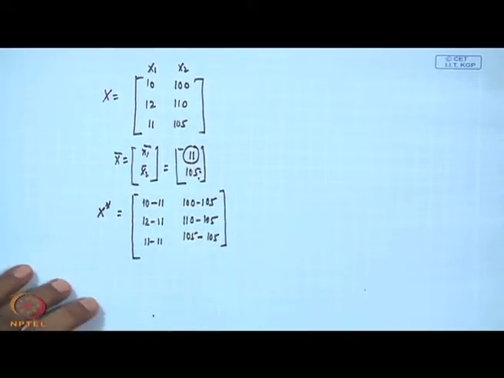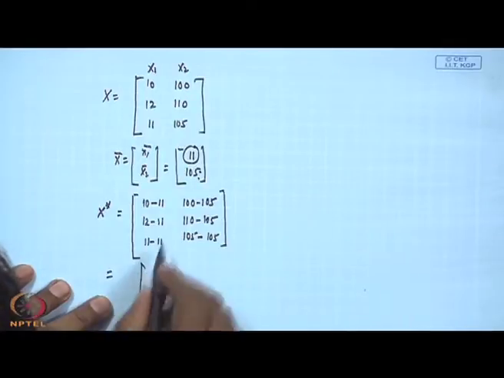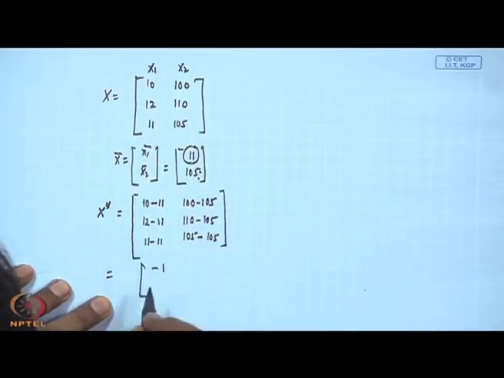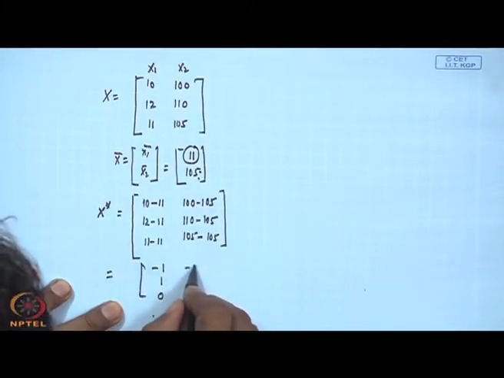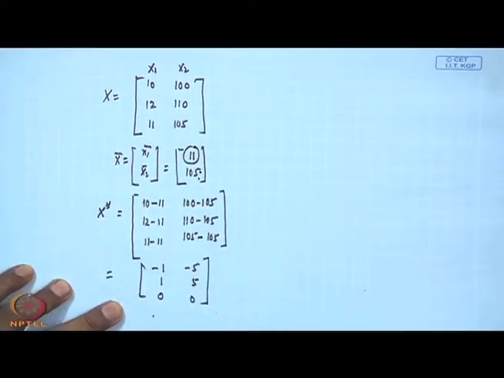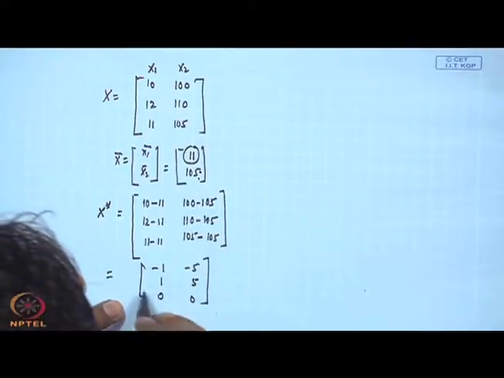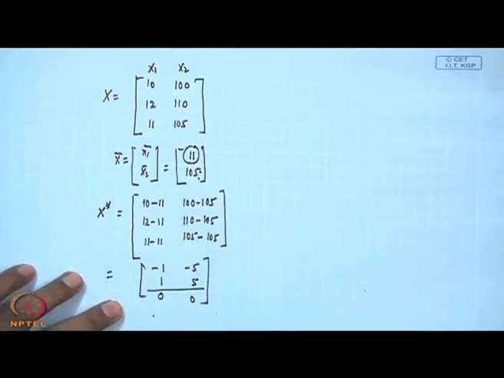So you get minus 1, plus 1, 0, then minus 5, plus 5, 0.